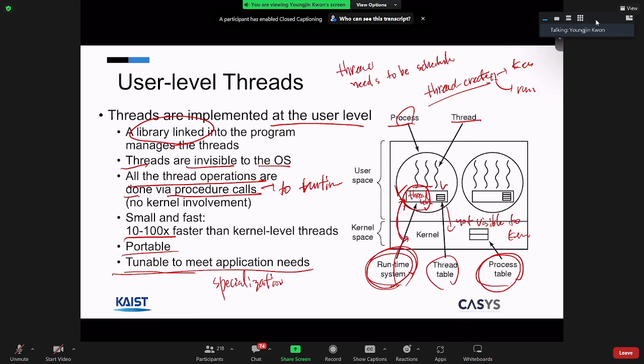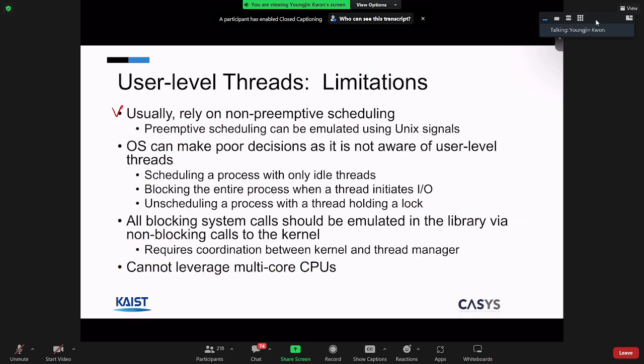There's a limitation. That makes the scheduling implementation limited to non-preemptive. We'll talk about that later. Preemptive schedulers require some kind of timer-like input, which is emulated by some timer signal. There's a way, but without that, it's very hard to implement preemptive scheduling.